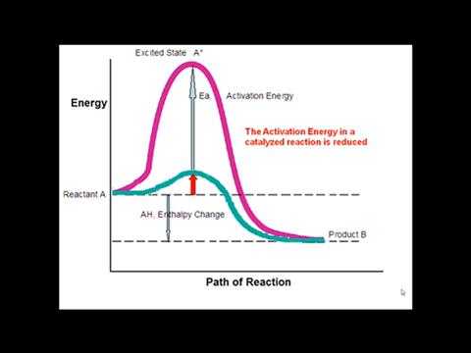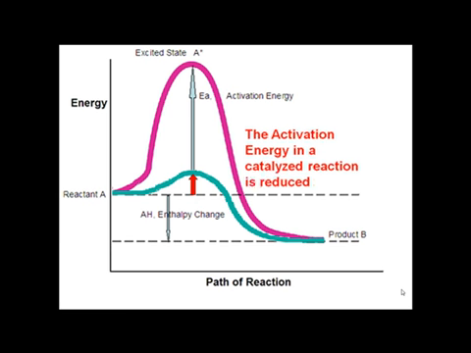That has no effect on the enthalpy change, but speeds up the reaction. As we stated before, that may go easily at least by 1 billion times the initial rate. So the activation energy in a catalyzed reaction is reduced.